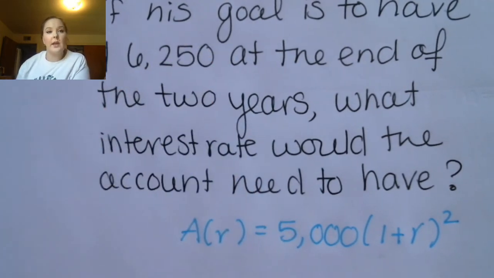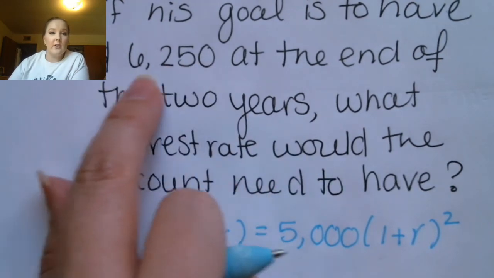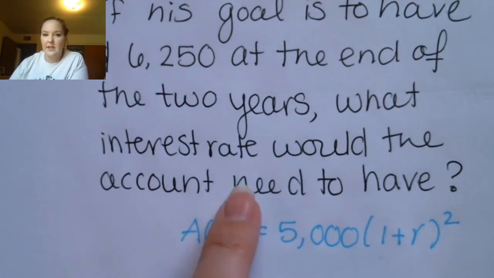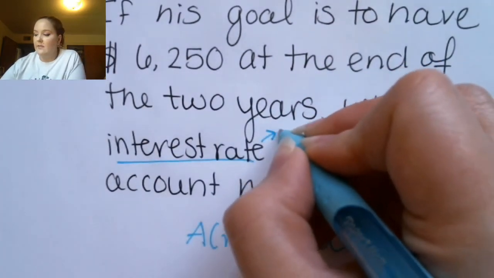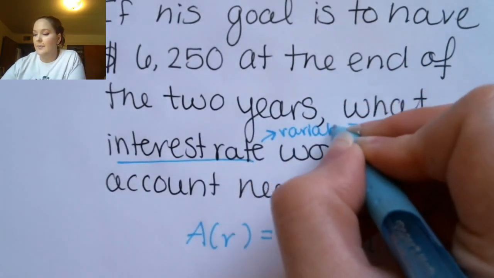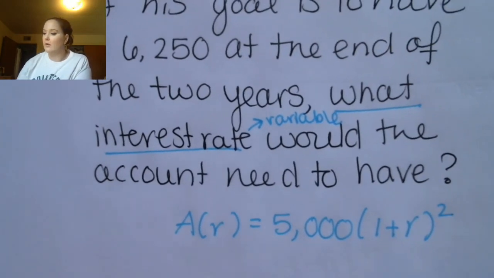So we really only have 2 choices. We can either plug that in here for A of R, or we can plug it in for R. Because it's a dollar amount, and because it says what interest rate, meaning R is the variable, we know that we need to plug this in for A of R.